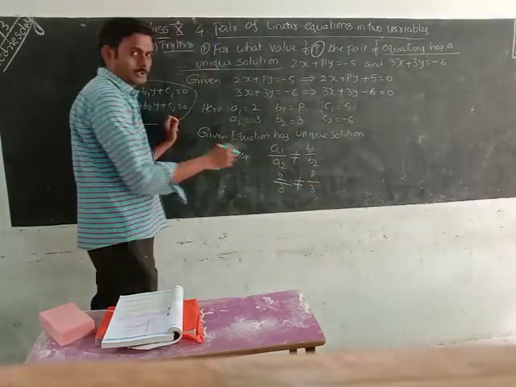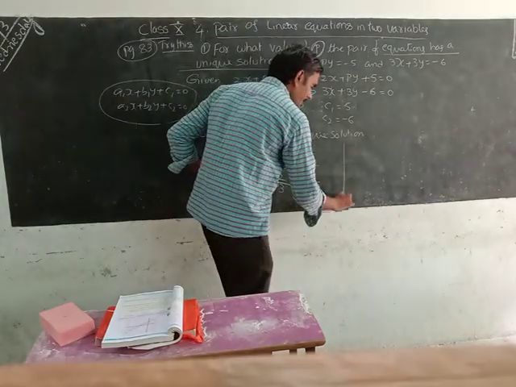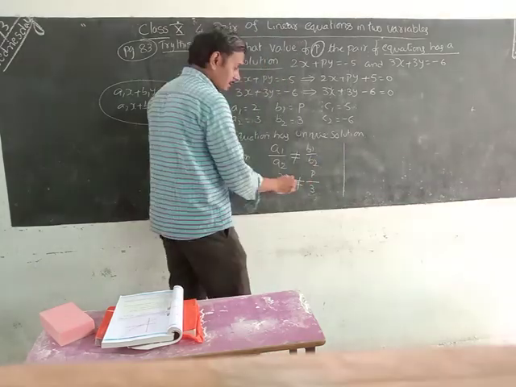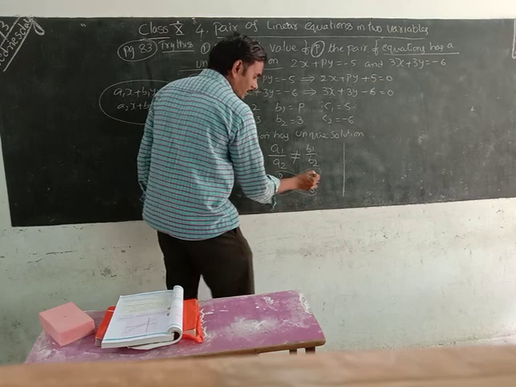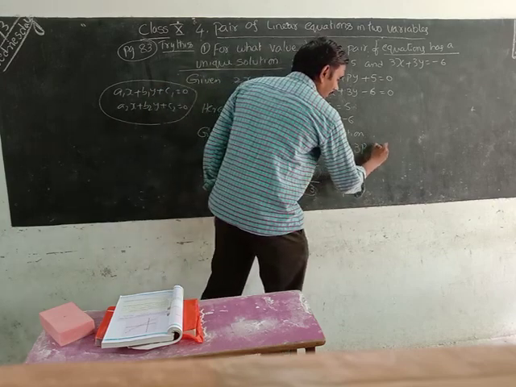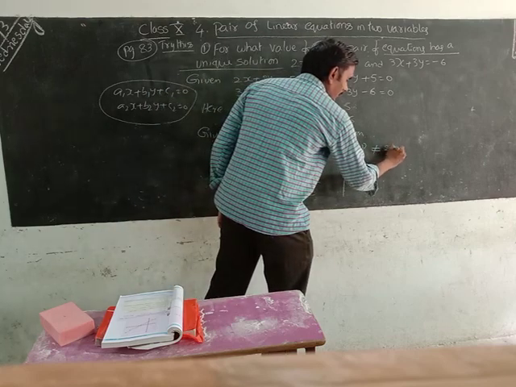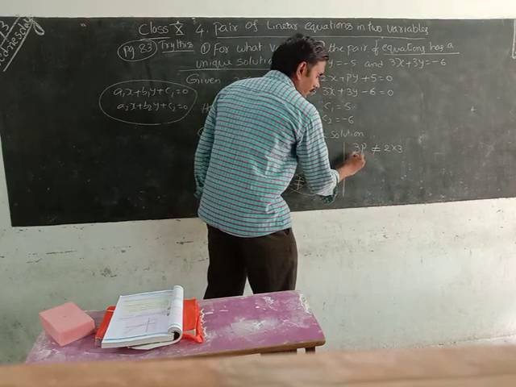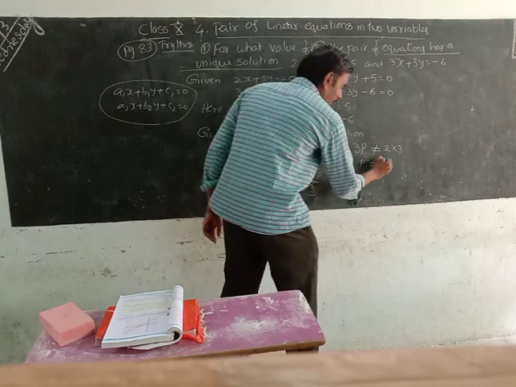Now cross multiply this. By taking the cross multiplication, multiply these two. That means 3 into 3 is 9, not equal to 2 into p, so 2p not equal to 9... Here p is not equal to 2 into 3, divided by 3.